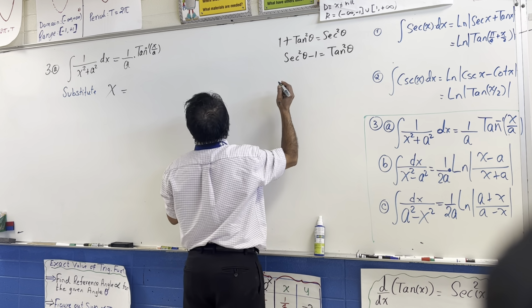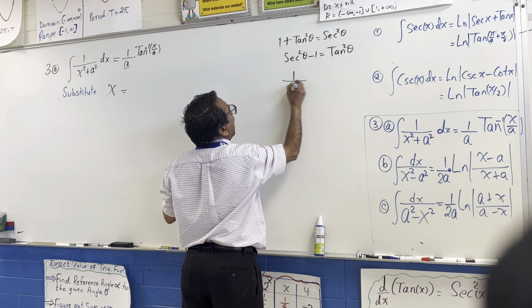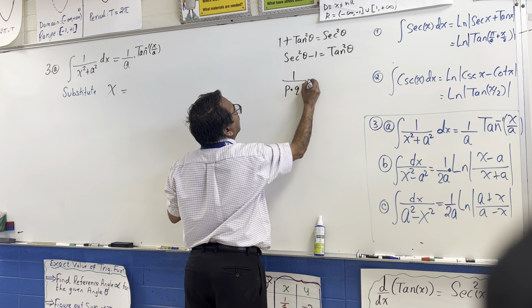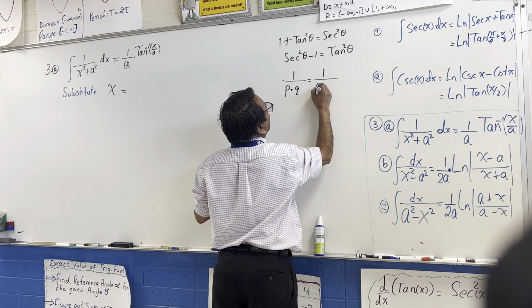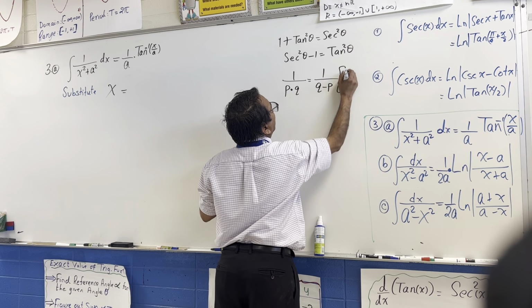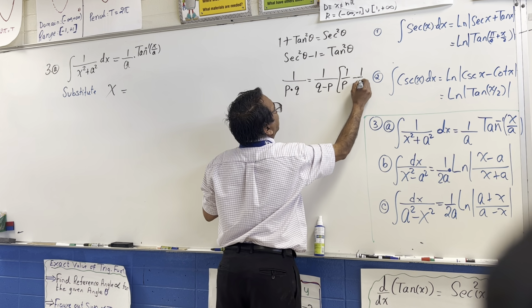We also need to know that if you have 1 over pq, this is the same as 1 over q minus p times 1 over p minus 1 over q.